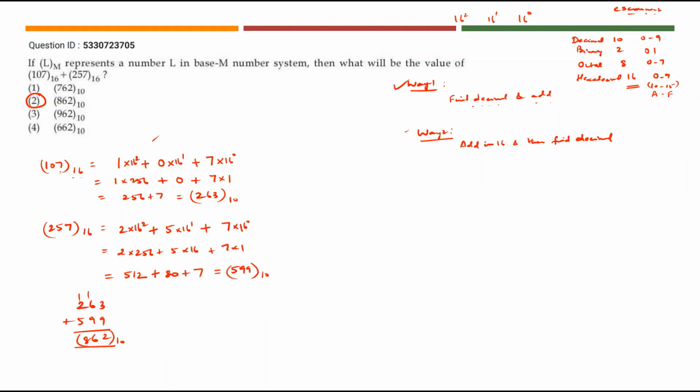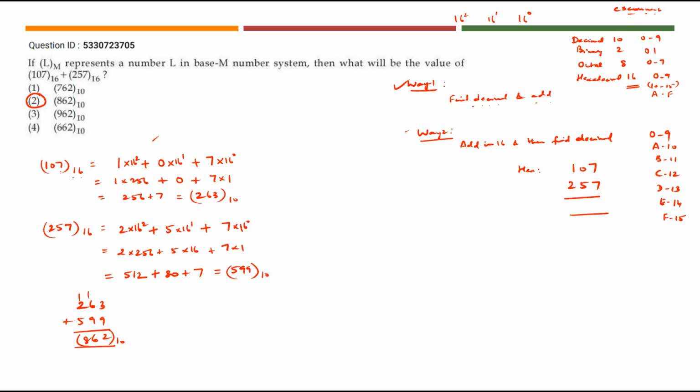You can take both the numbers in hexadecimal format. So the first number is 107 and the second number is 257. In hexadecimal, A is 10, B is 11, C is 12, D is 13, E is 14, F is 15. Just remember them along with 0 to 9. Now when you add 7 plus 7, it will give you 14.